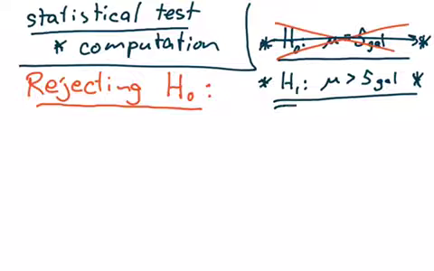But if you go out and you gather evidence, and you look at your sample, and you do this statistical test computation, you compute the test value, and you perform the rest of the hypothesis test process, and you say, nope, I reject the null hypothesis, then we're going to just say, well, okay, the only other alternative is the alternative hypothesis.